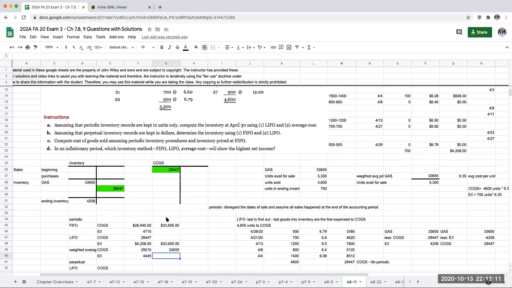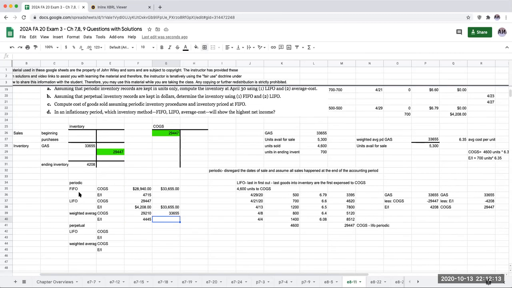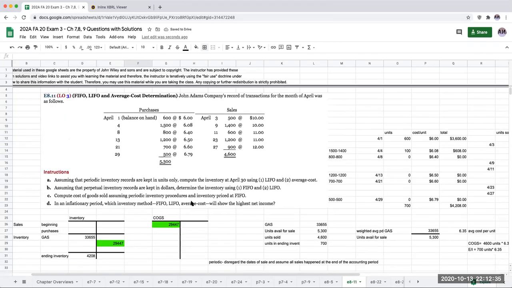FIFO periodic and perpetual are exactly the same. Okay, so these two are going to be the same, but for LIFO, it's going to be different.